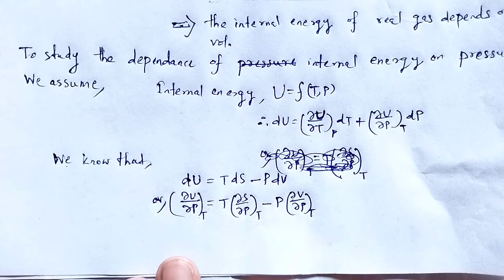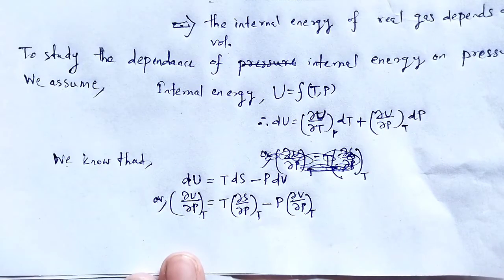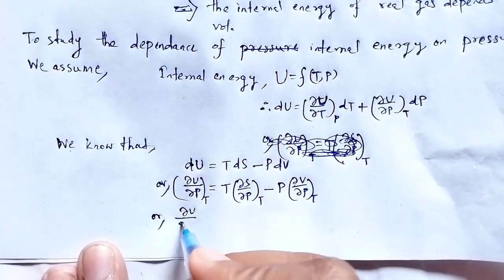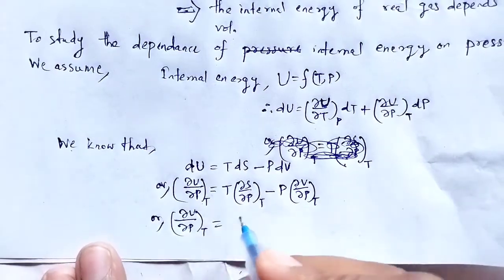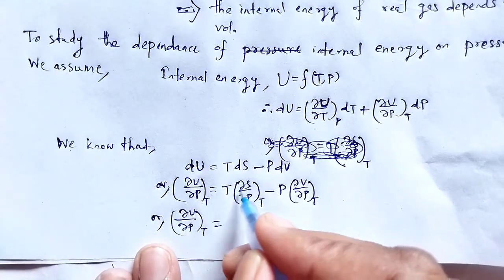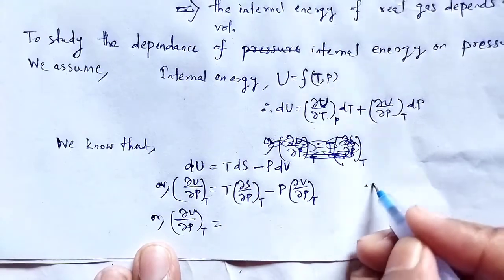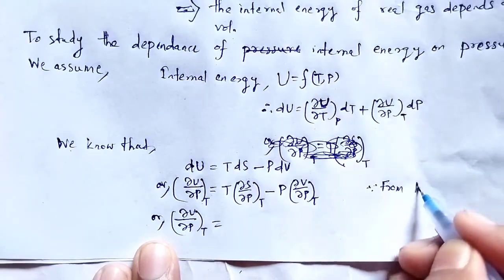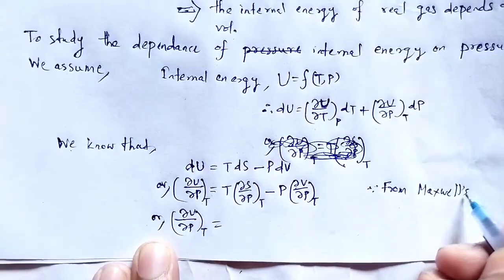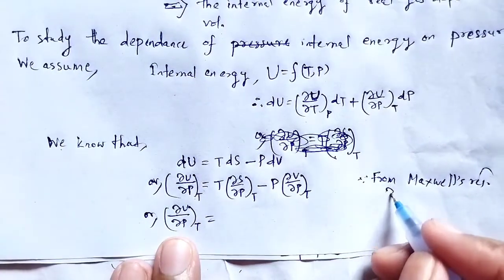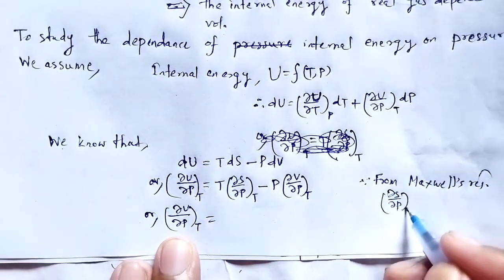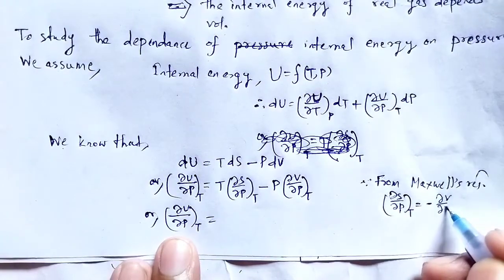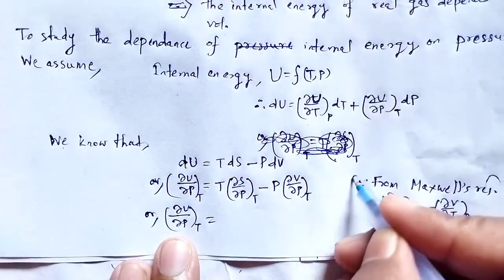Now, from Maxwell's thermodynamic relation, (∂S/∂P) at constant temperature is equal to minus (∂V/∂T) at constant pressure.